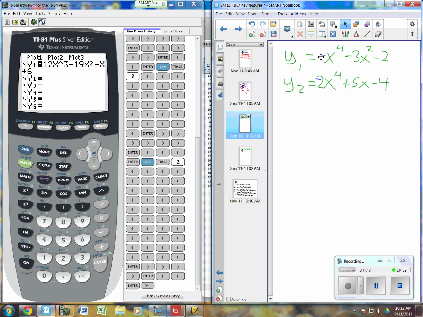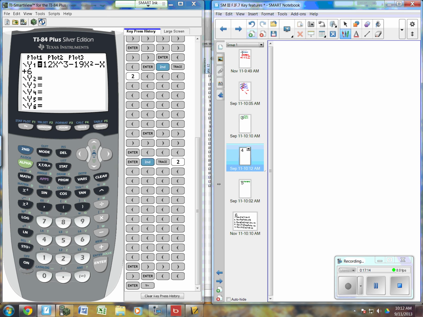Little test here, to see if you understand this. Without graphing this in your calculator, and without saying it out loud, I don't want anybody to say it out loud. For the first 30 seconds, I want everybody to think about it, and then discuss at your table what you think it is. Don't look here.